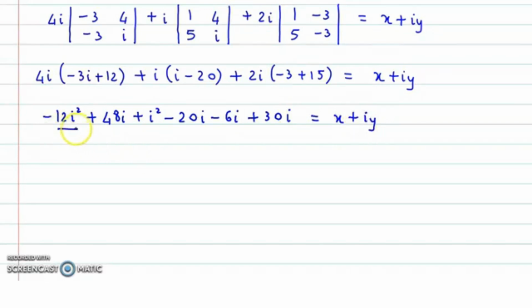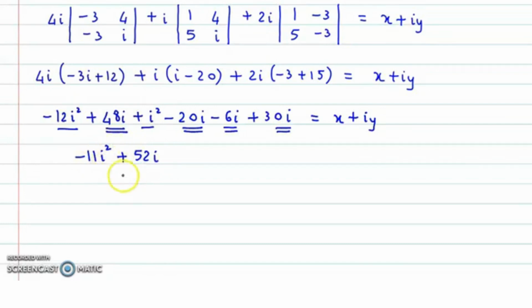अब यहाँ पर है -12i square plus i square, so that's -11i square. अब i वाले टर्म्स देखते हैं. 48 minus 20, that's 28. 28 minus 6, that's 22, plus 30, so this will be 52i.